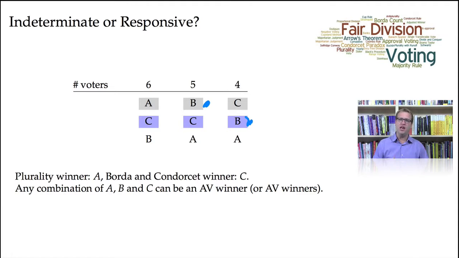It's asking information that goes beyond the simple ranking. And if you take that seriously, then it's not that approval voting is actually indeterminate, but rather quite the opposite. Approval voting is very responsive. It's responsive in the right way to how the voters feel about their overall opinions about the candidates.